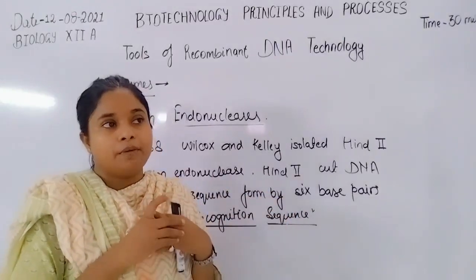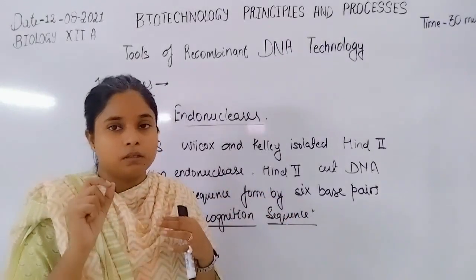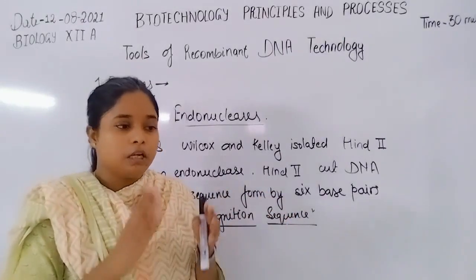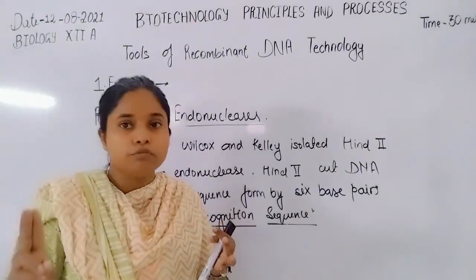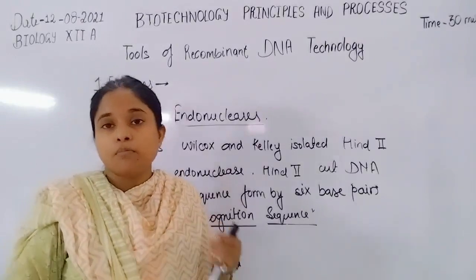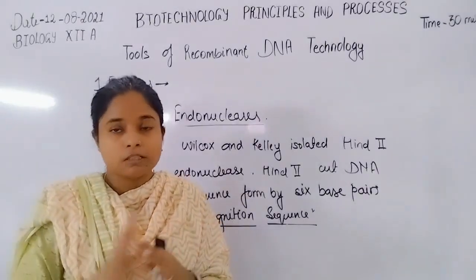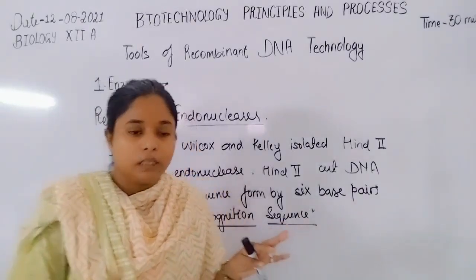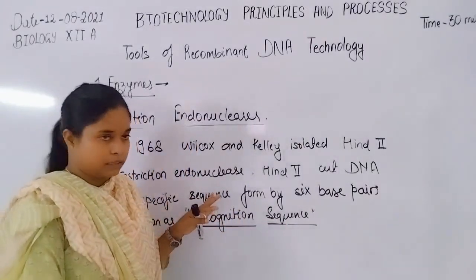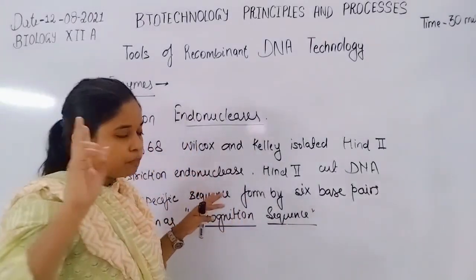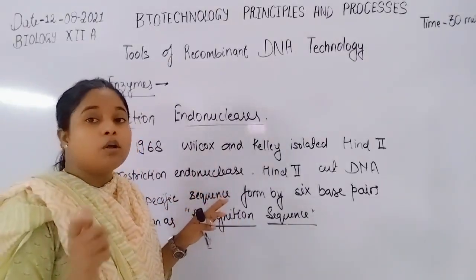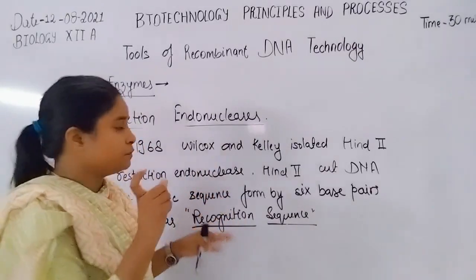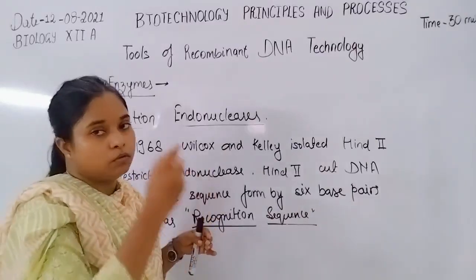Otherwise it would form so many fragments, not just 1 or 2. The reason is that the DNA must have the specific recognition sequence for EcoR first.